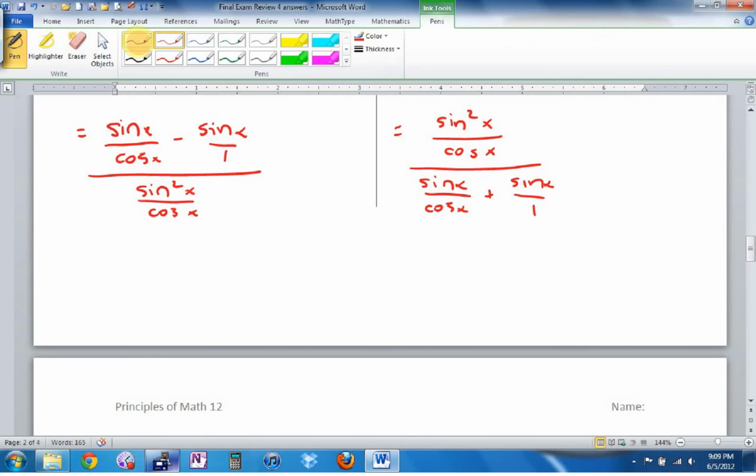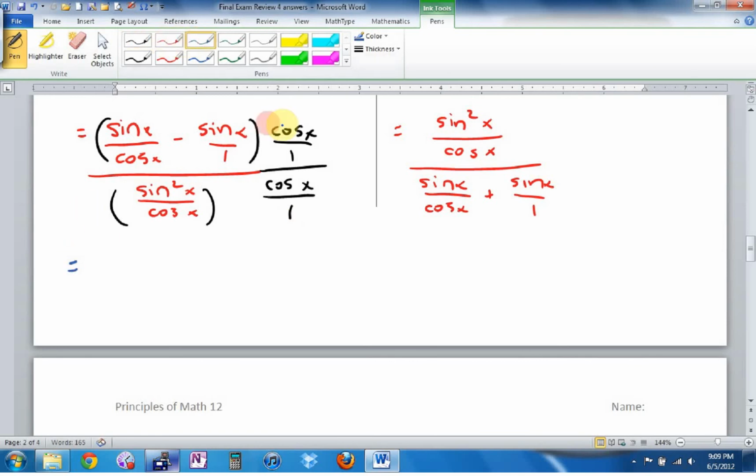Complex fraction. So I'm going to multiply this by, well, by something weird it looks like. Let's try that again. Cos x over 1 over cos x over 1. Anything good going to happen here? I don't know. Let's see.